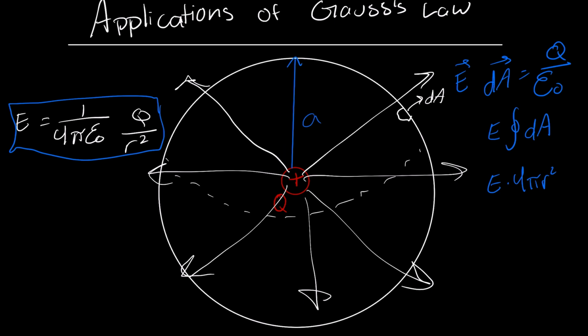While breaking this formula down, the Q and the epsilon naught come from Gauss's law, and the 4 pi r squared comes from the formula for the surface area. I just wanted to make that 100% clear, just in case anyone was a little bit confused. So I'm going to circle this, and this is equal to Gauss's law.